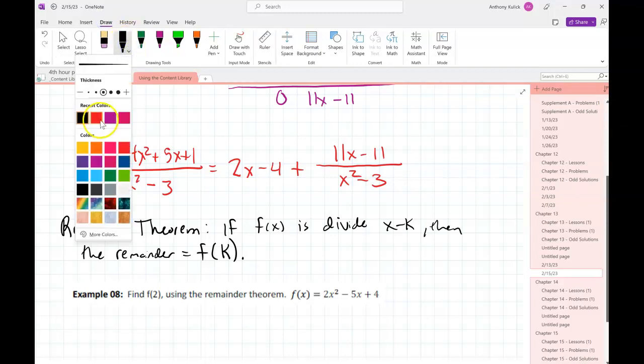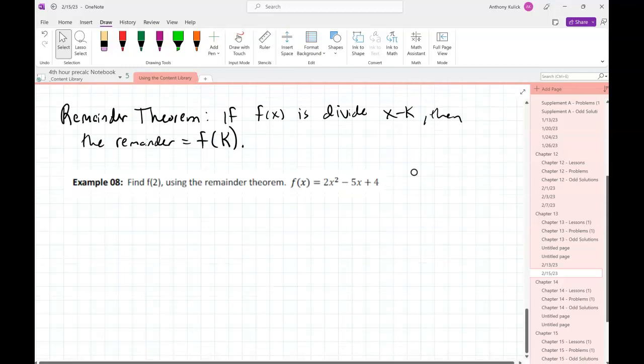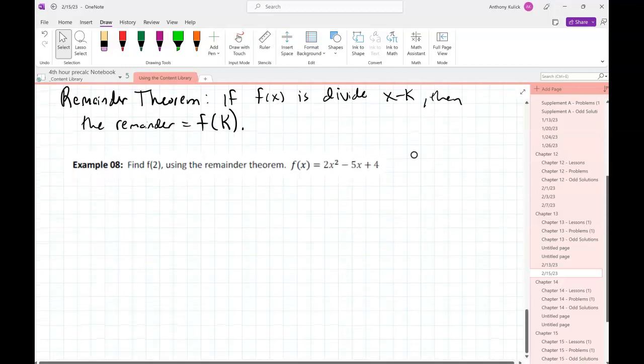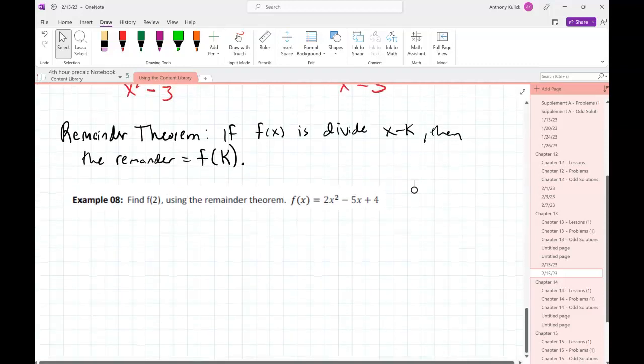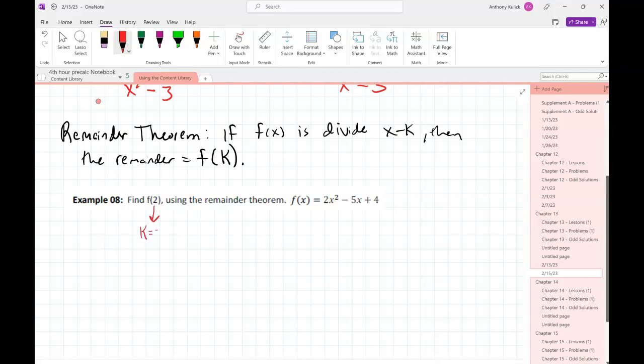So let's look at an example. Here it says find f of 2 using the remainder theorem for this f of x. Everybody's okay with that? So what that means is I'm going to be using x minus 2 to divide f of x.